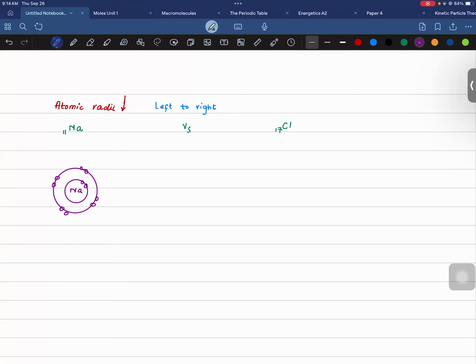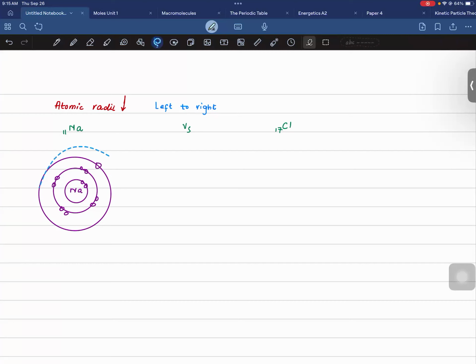How many electrons would the third shell have? Because it has 11 altogether, it will be 2, then 8, and then 1. Exactly, so the third shell has only 1 electron.